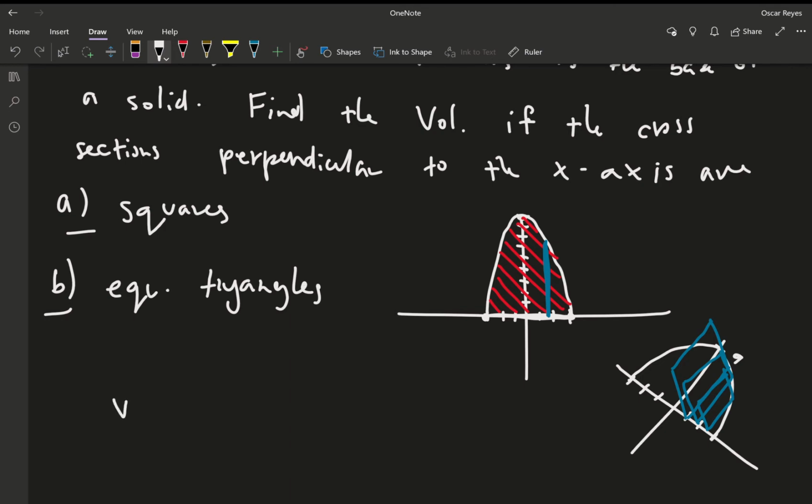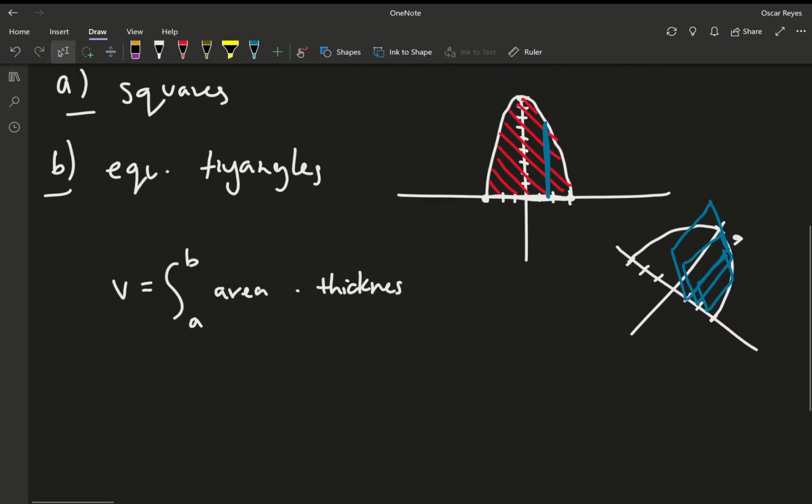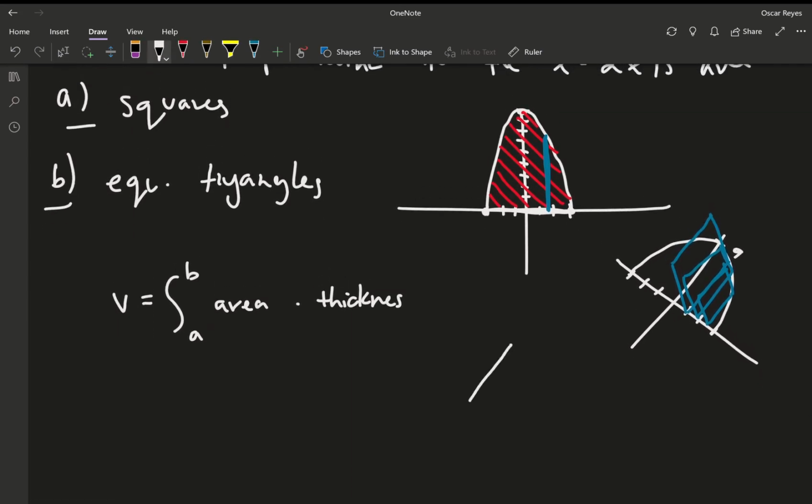So we have the volume, an integral between a and b, as we're looking at it through some type of space between the x-axis, which is the area, times thickness. So let's go ahead and draw out our cross-section, which in this case is going to be a square. So this is our cross-section. And as you can see, our thickness is going to be here.